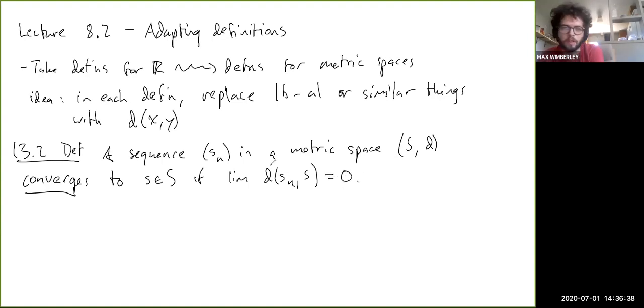So this doesn't look at first glance like an example of what I just said, but the definition is the limit of the distance going to 0, right?